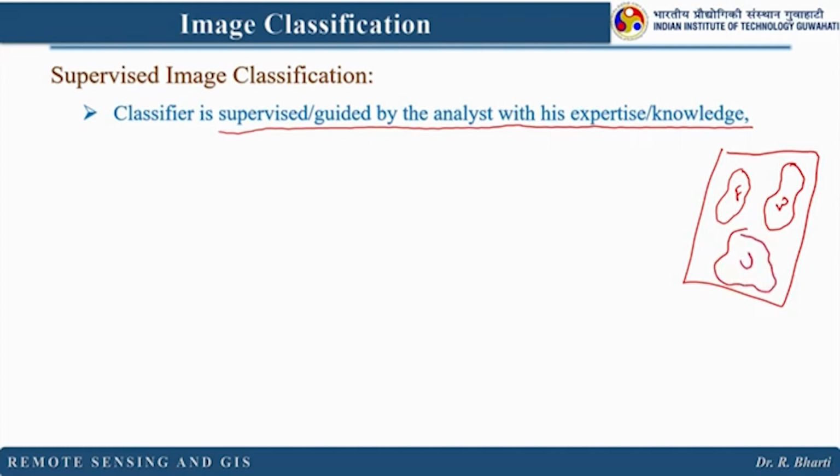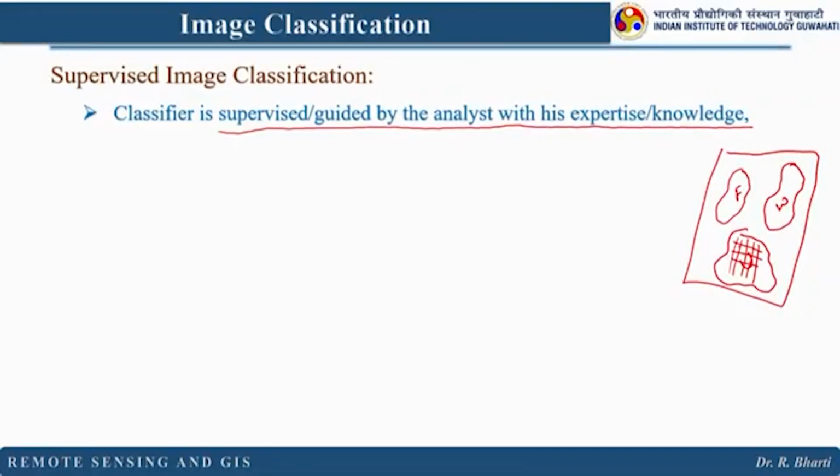So based on this information, you can identify the pixels belonging to these classes, what is the range of the values, and whether they have any tendency to cluster together, right? So that will be supervised by your analyst. So here expertise and knowledge is involved, right?